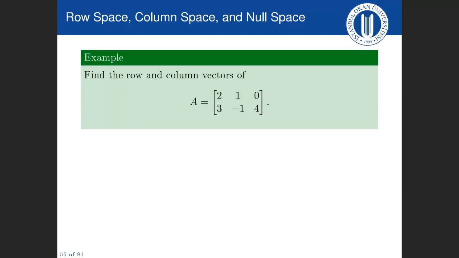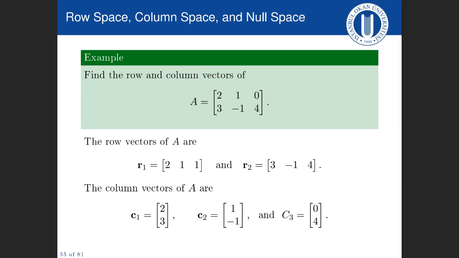For example, find the row and column vectors of this 2 by 3 matrix. The row vectors are r1 is, oh, there's a typo here. r1 is (2, 1, 0), and r2 is (3, -1, 4).